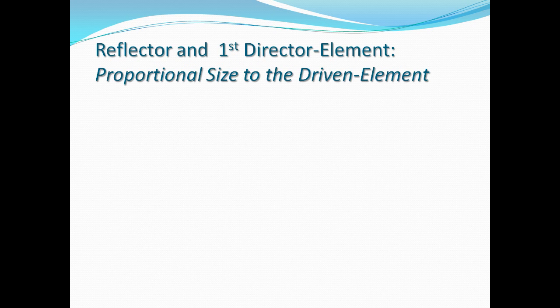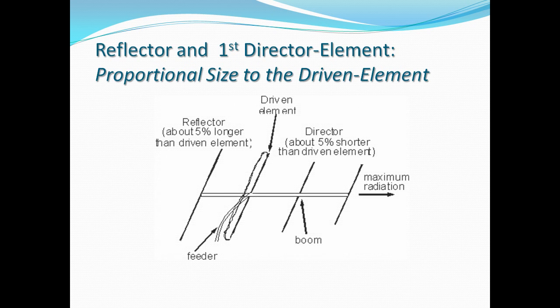Reflector and first director element, proportional size to the driven element. Shown in Figure 3 is a schematic representation of a 4-element Yagi-Uda array aerial. In such a design of aerial, the reflector element is 5% longer than the driven element, this being a folded half-wave dipole of impedance 300 ohms.